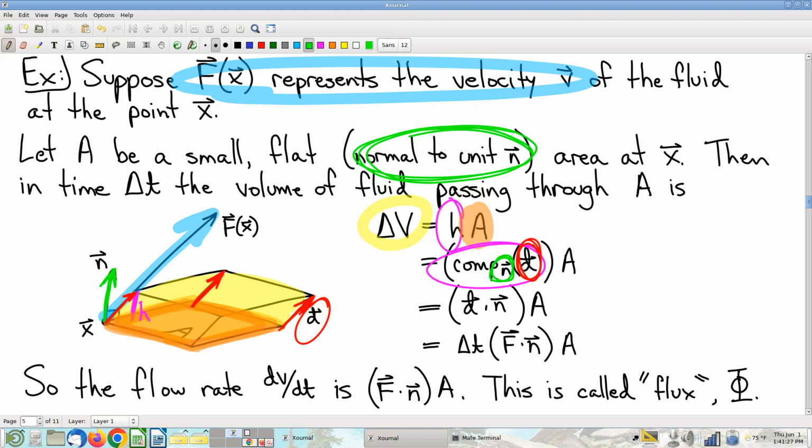Everybody see the geometry of that? It's just a little flashback to chapter 1 there. And of course, I compute components with dot products, specifically because the normal vector is a unit vector, and components or dot products with a unit vector is one of our memory tools from chapter 1.